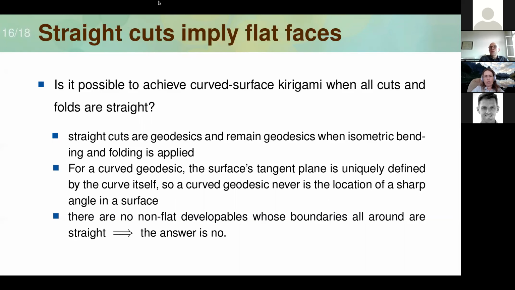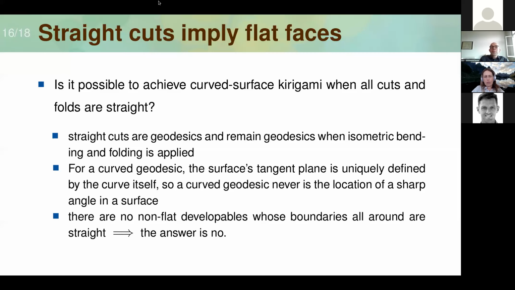If you have two surfaces, one to the left of the curve and one to the right of the curve, they must share the same tangent plane. So definitely, if a straight cut or fold in 2D is isometrically mapped to space, it cannot represent a curved sharp angle between two smooth surfaces.